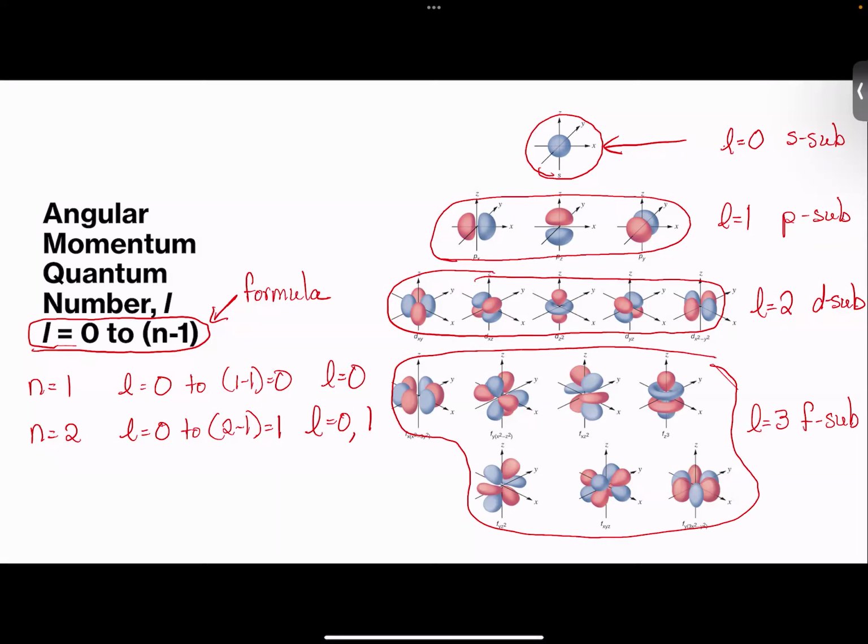So let's take a moment. Up here, I said when n is equal to 1, when the principal quantum number is 1, when you're in that first shell away from the nucleus, the only subshell you can have is an S subshell. That's it.